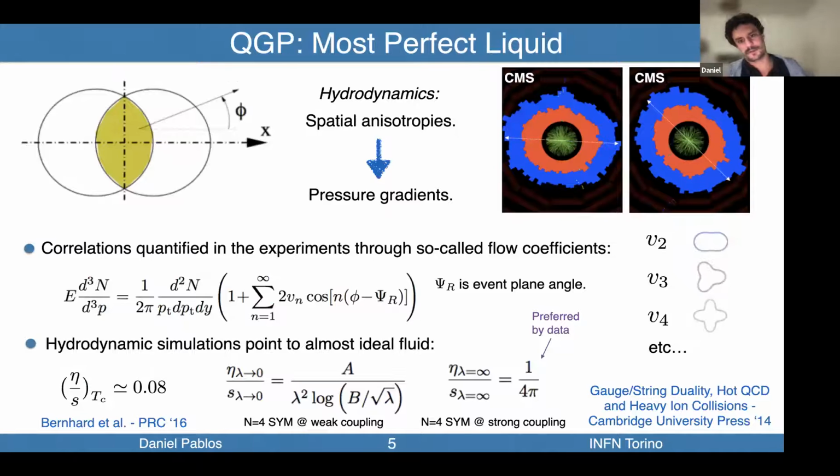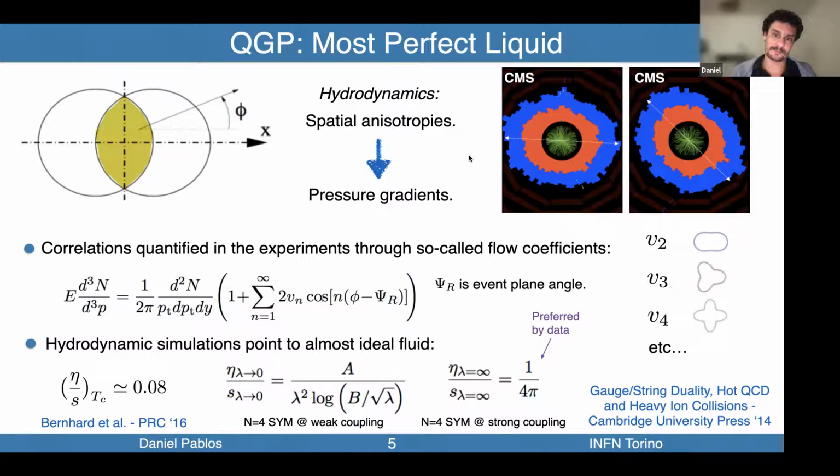QGP has also been labeled the most perfect fluid. If you have hydrodynamics, you expect that spatial anisotropies should translate into pressure gradients. There are even some special events in which you can see it literally by eye, how these anisotropies translate into pressure gradients through the particle distributions.